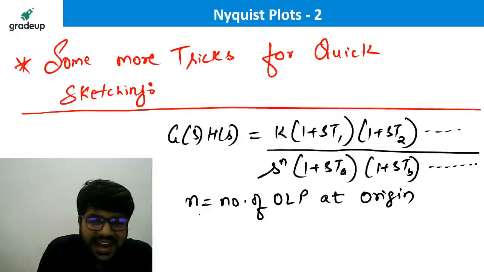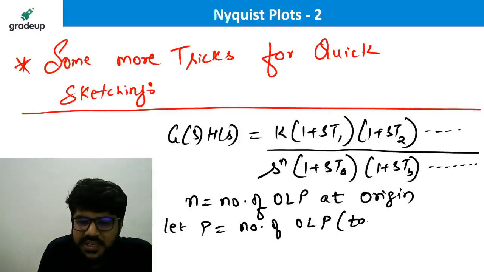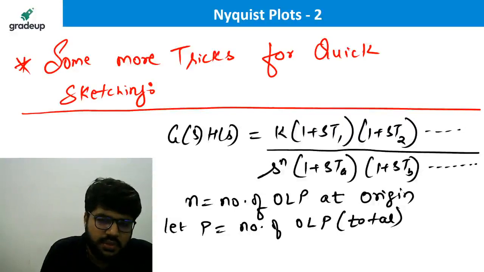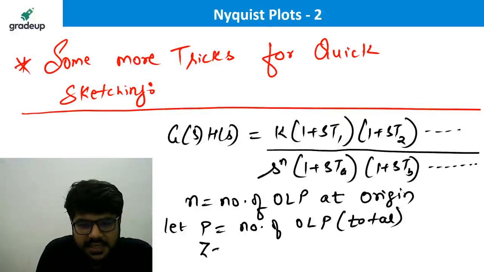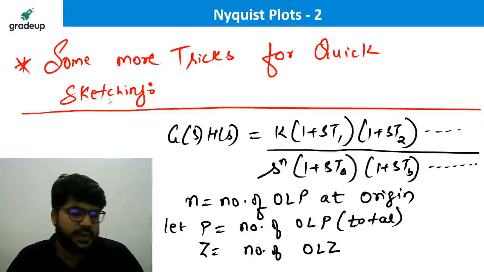Let P be the total number of open loop poles, including and excluding the origin both, and Z be the number of open loop zeros.